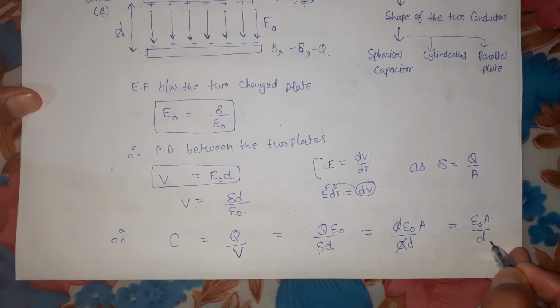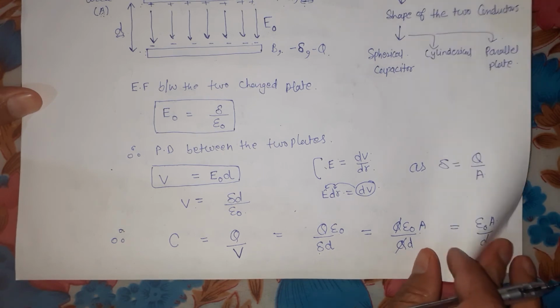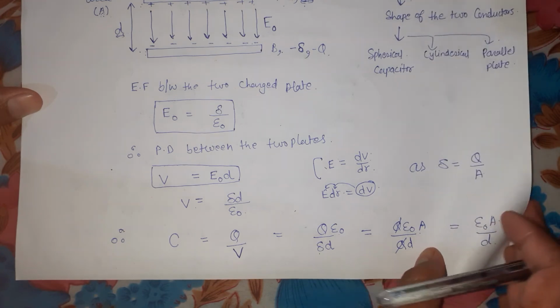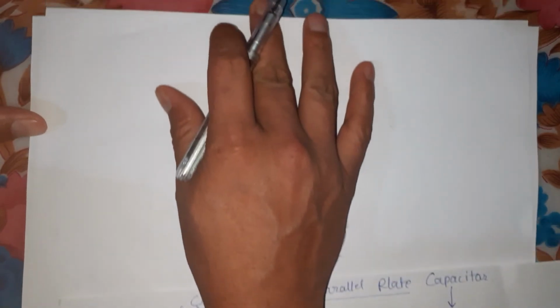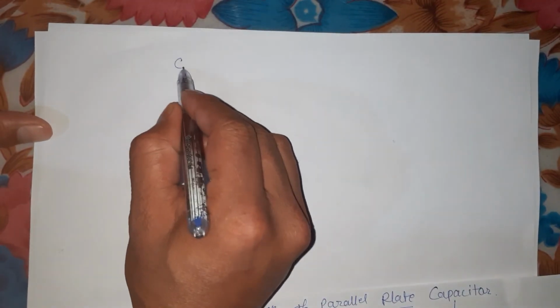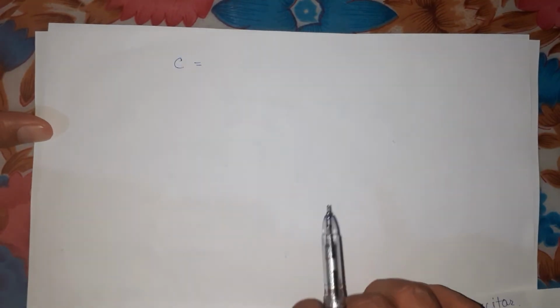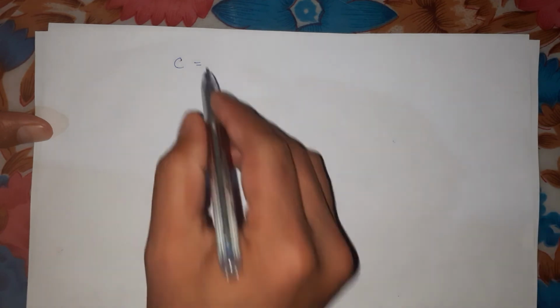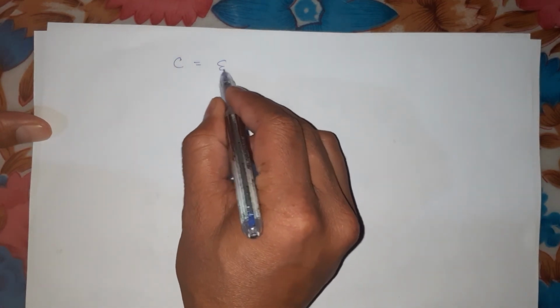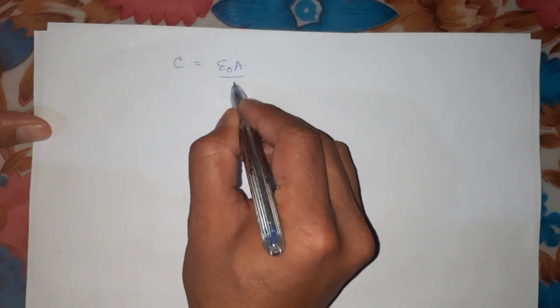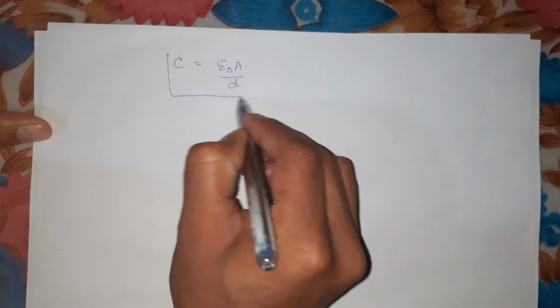by D. So what is the relation I have regarding the capacitance? This relation, students, I get over here: C is equal to epsilon naught A by D. This is the capacitance.